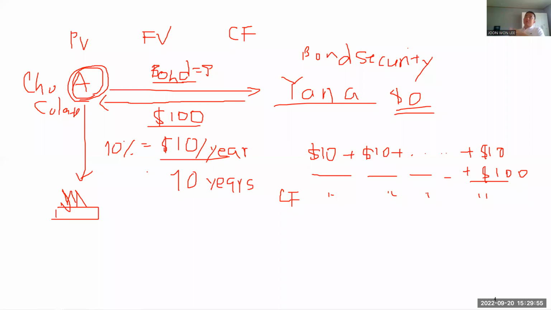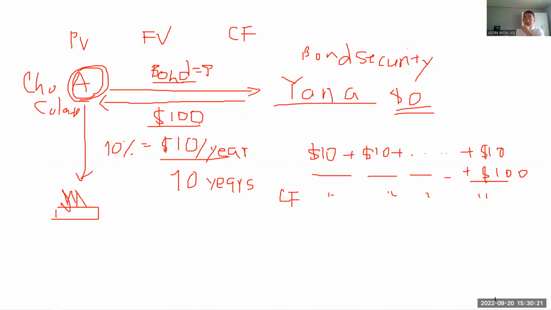But just because you like this company, if you're a wise investor, you do not lend this money at these conditions. You also need to look at the market interest rate. What is the market interest rate when you lend money?